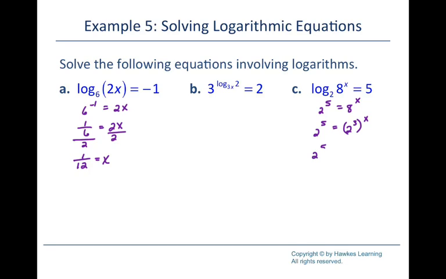So 2 to the 5th is equal to 2 to the 3 times x. So 5 must be equal to 3x. And so 5/3 is equal to x. Okay.